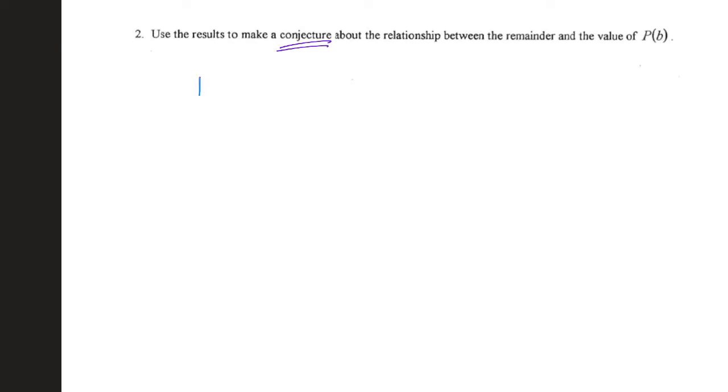We want to be able to say that the value we got when we subbed B into P, so P of B, is the remainder. That was the remainder, the exact same value we got when we actually took P of x and divided it by x minus B. Now, I'm just going to highlight that aspect for a second.